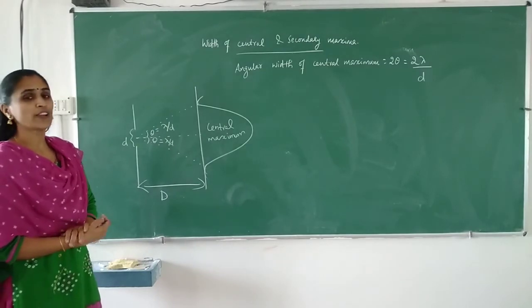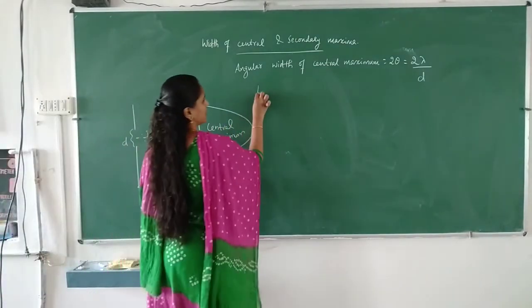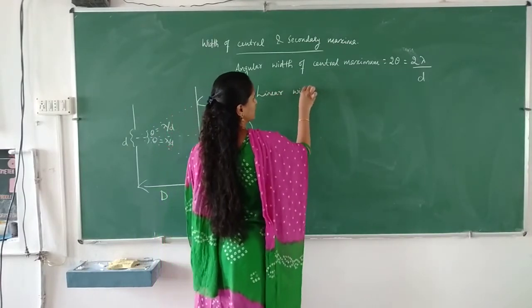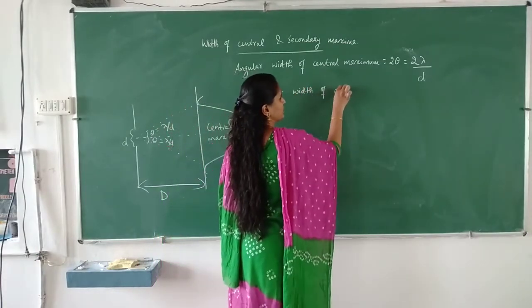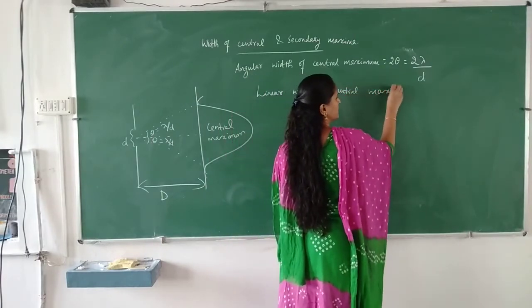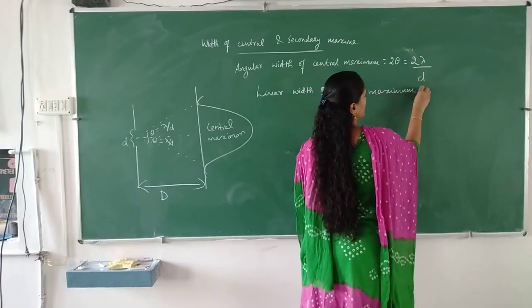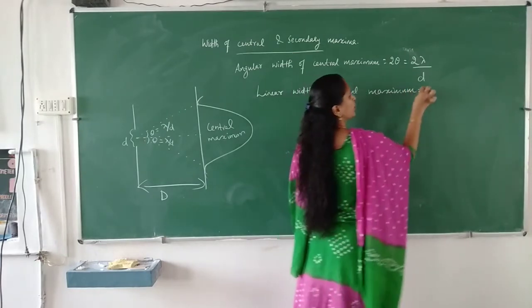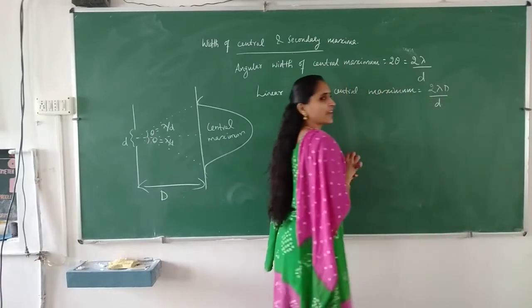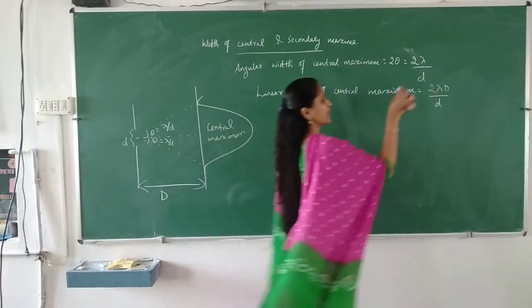Now we can find the linear width. The linear width of the central maximum is equal to 2 lambda D by d. How are we getting this? We can write angle is equal to arc by radius.